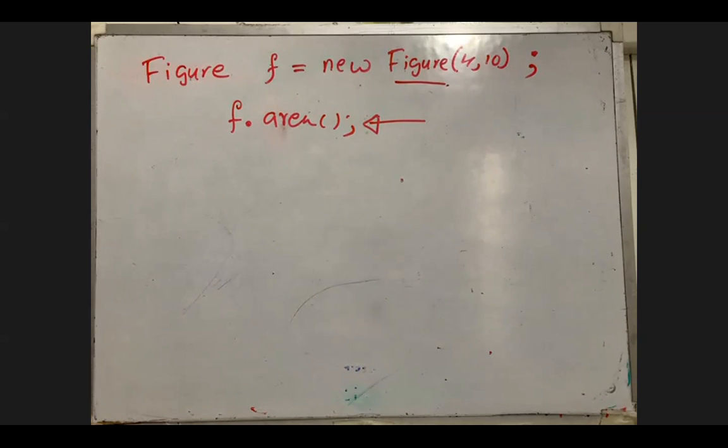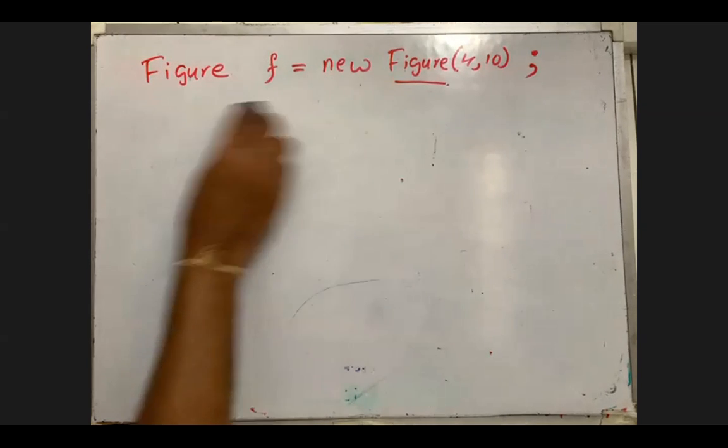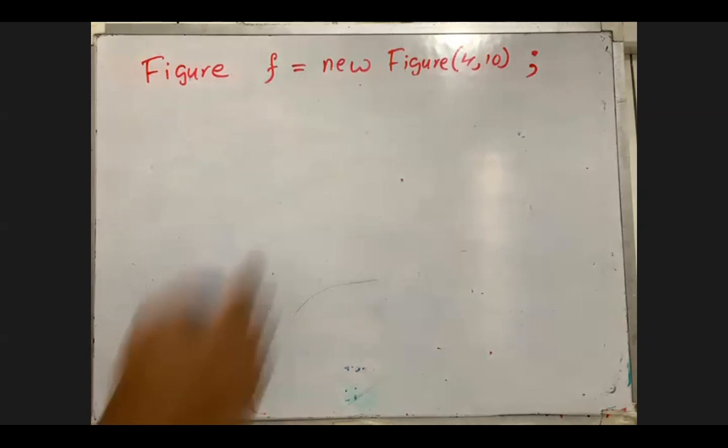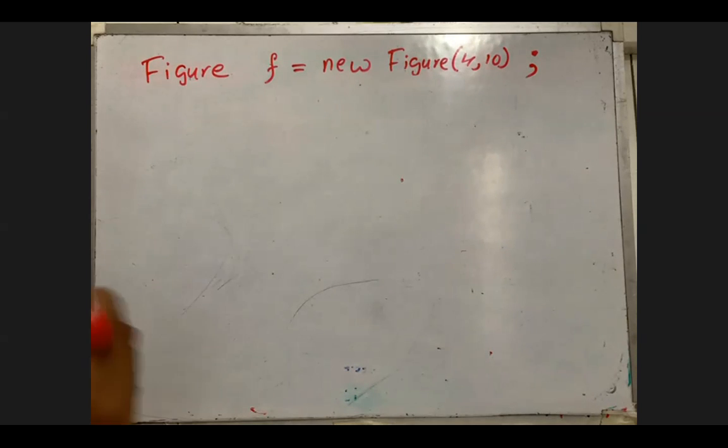Do you understand that part? Yes or no? Do you understand why we can't create an object from the abstract class? Because it may have an abstract method. That is the problem. Okay, but there is a way to create an object from the constructor of this one. The problem is area.